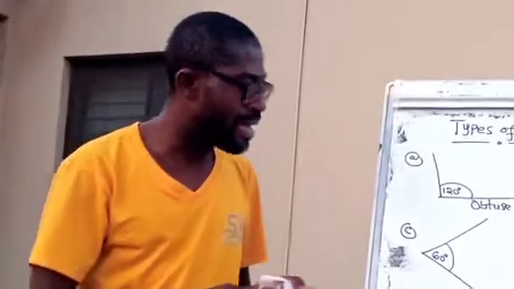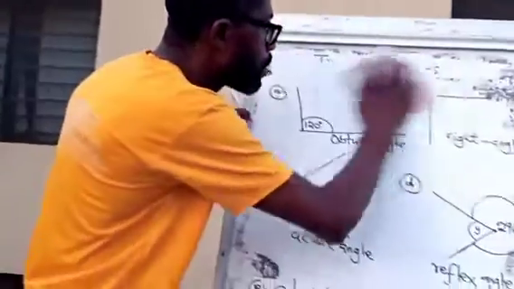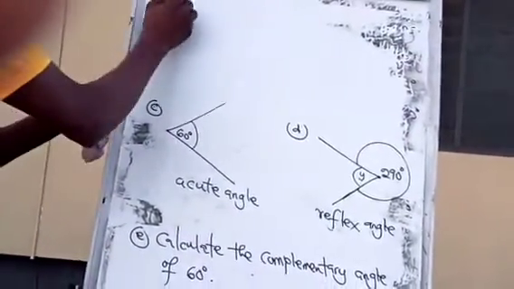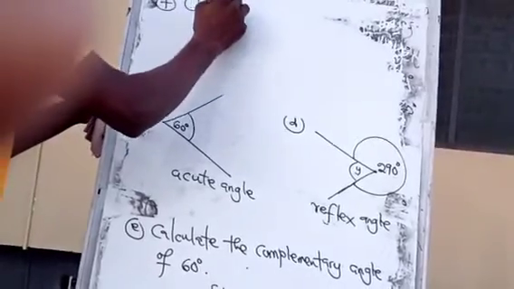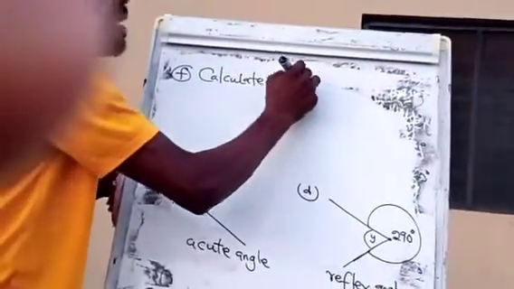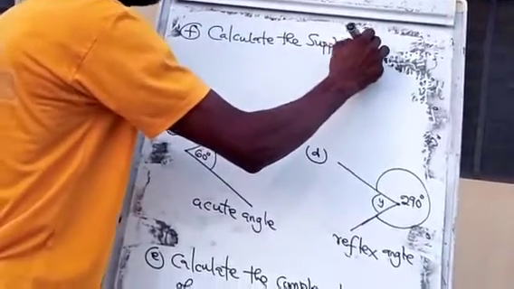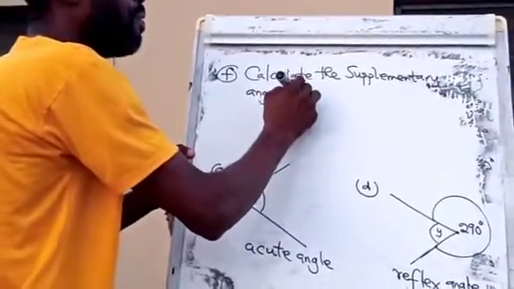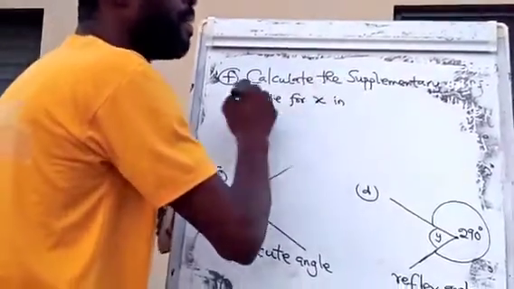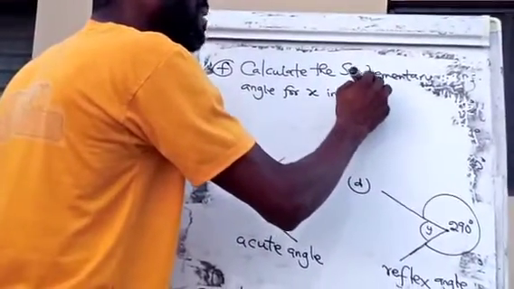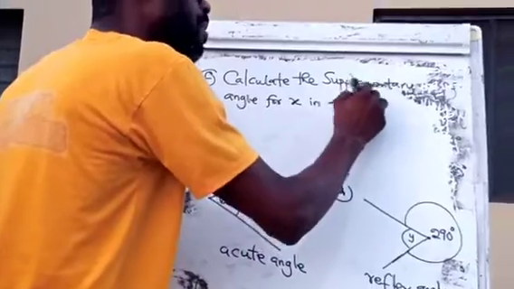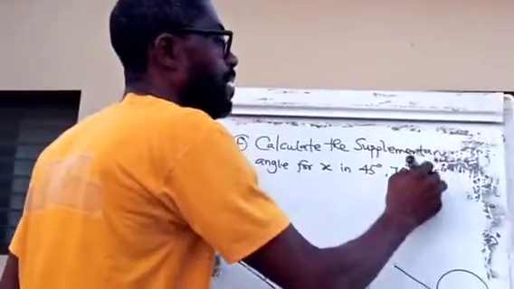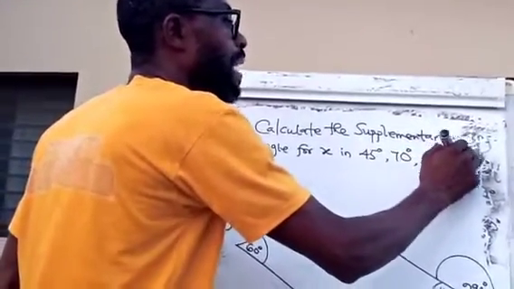We can take another example, also on supplementary angles. F. Calculate the supplementary angle for x in 45 degrees, 70 degrees, 25 degrees.